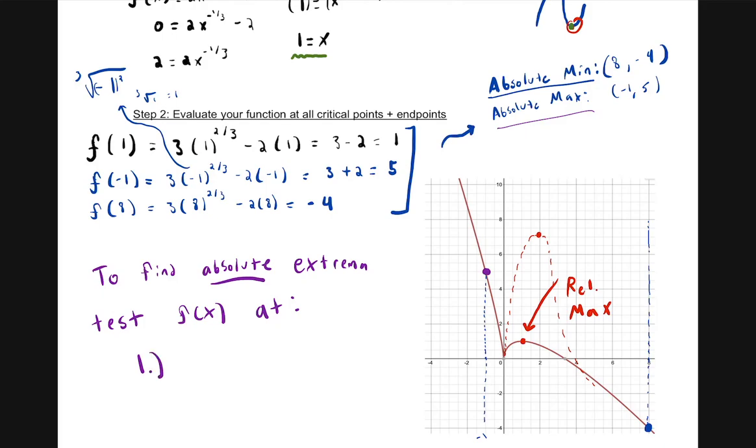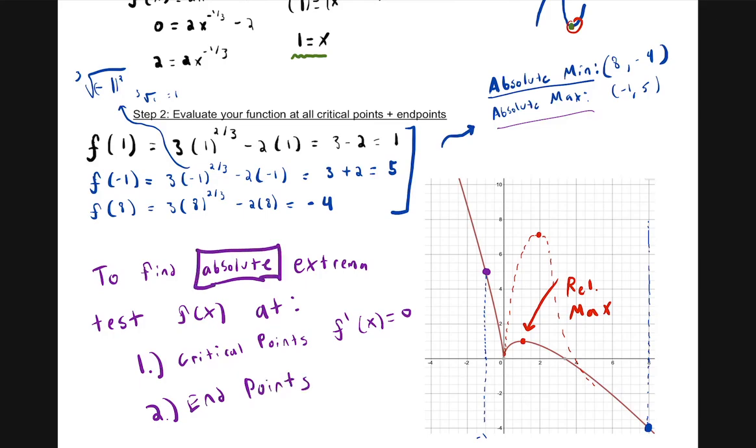One, at what we call critical points, and I like to refer to those as turnaround points. They're points where the first derivative is equal to 0, and two, you have to test at the endpoints. That is when you are finding absolute extrema. So don't lose sight of the fact that if I ask you for a relative max, I'm still just looking for you to make a sign chart and figure that out.